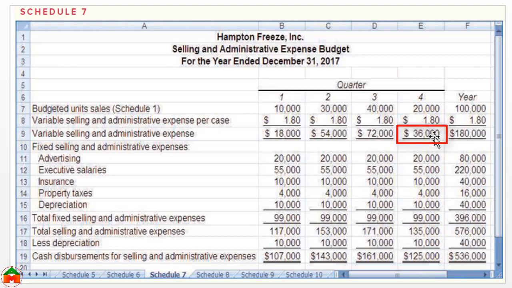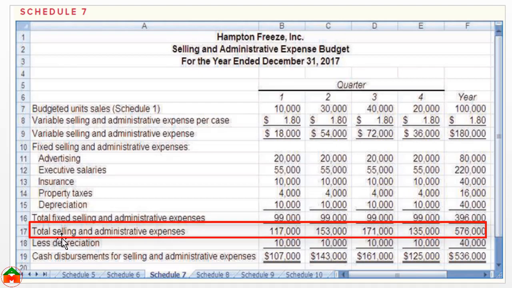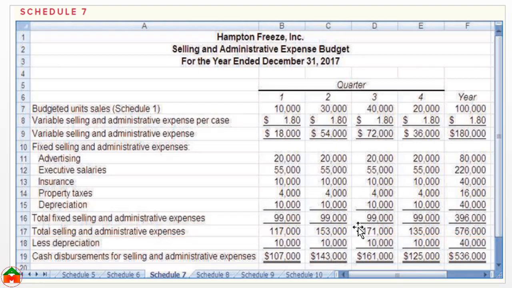And here variable 36,000 and fixed 99,000, total 135,000. So this is the total selling and administrative expense row.